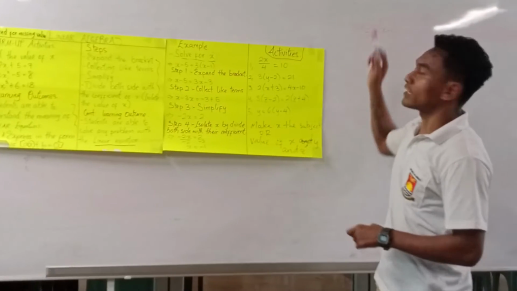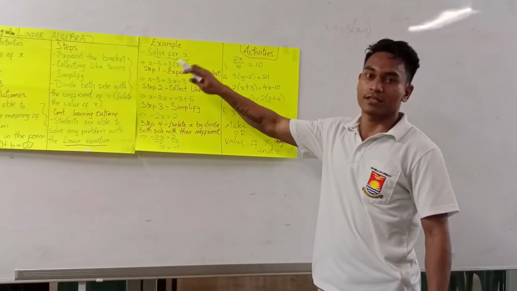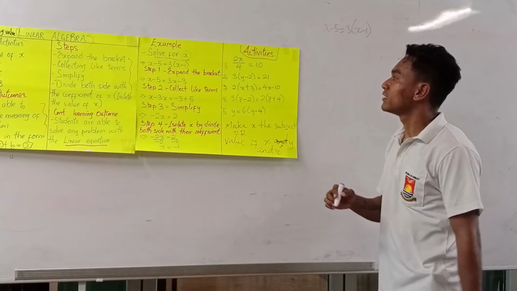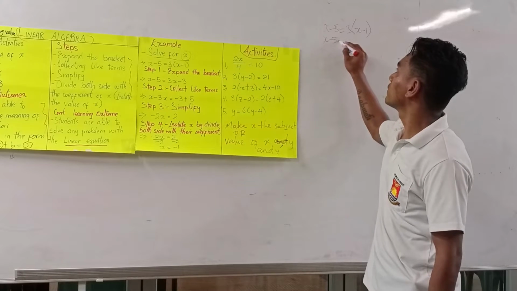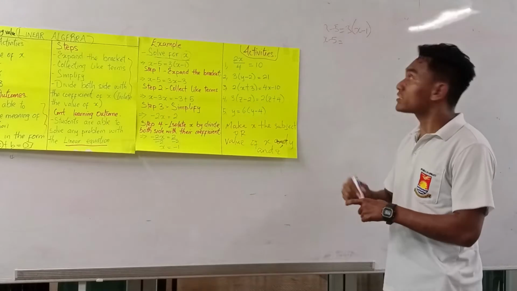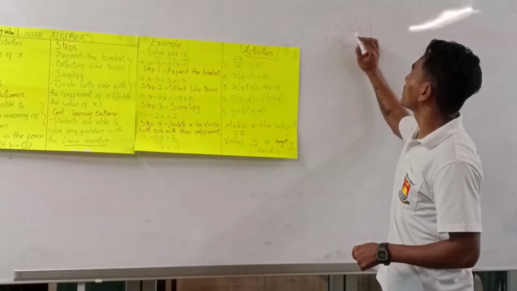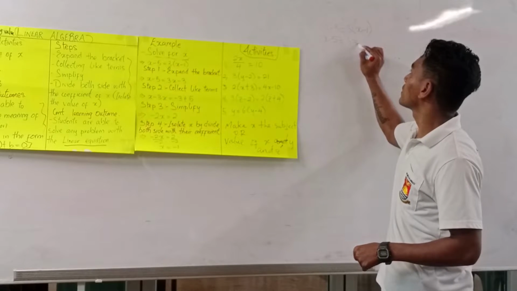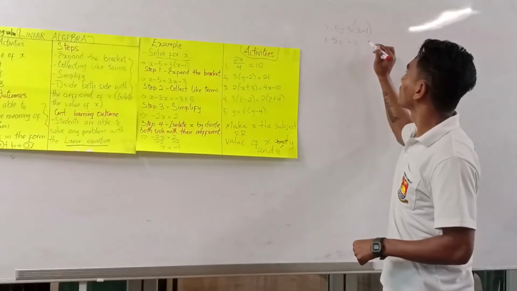The first step, we must expand the bracket first. So multiply the outside value by the inner values. 3 multiplied by x gives you 3x, and 3 multiplied by negative 1 gives you negative 3.